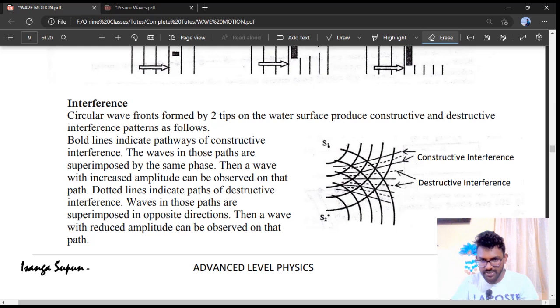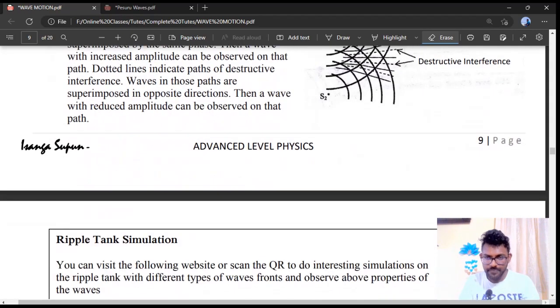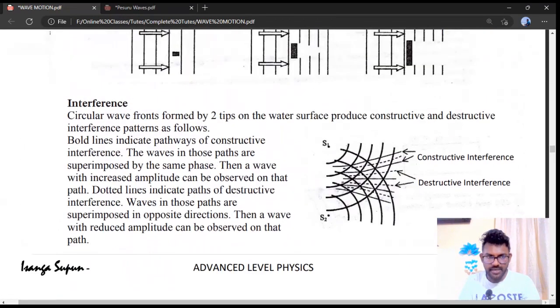S2 also has a crest there. S1 also has a crest there, right? Just go with the waves and you can see that. So two crests joining together creates a constructive interference. So in these lines we have the constructive interference, while the dotted lines show destructive interference, right? That is how we can see the interference from a ripple tank.